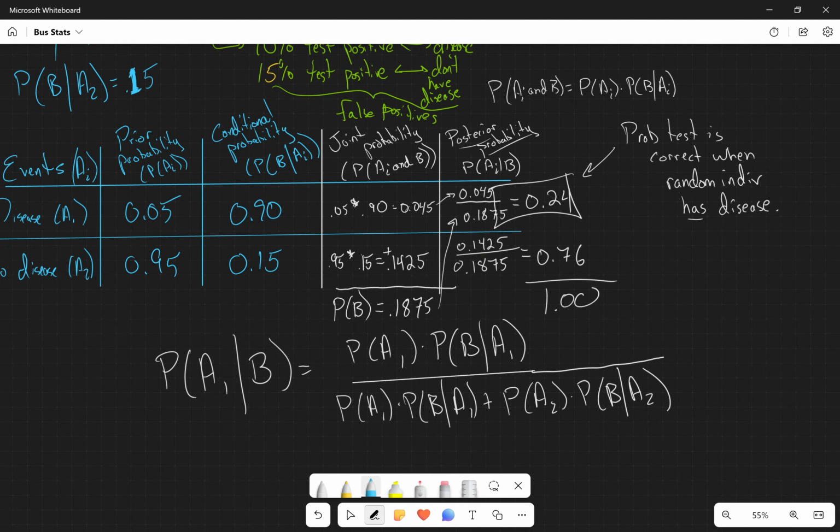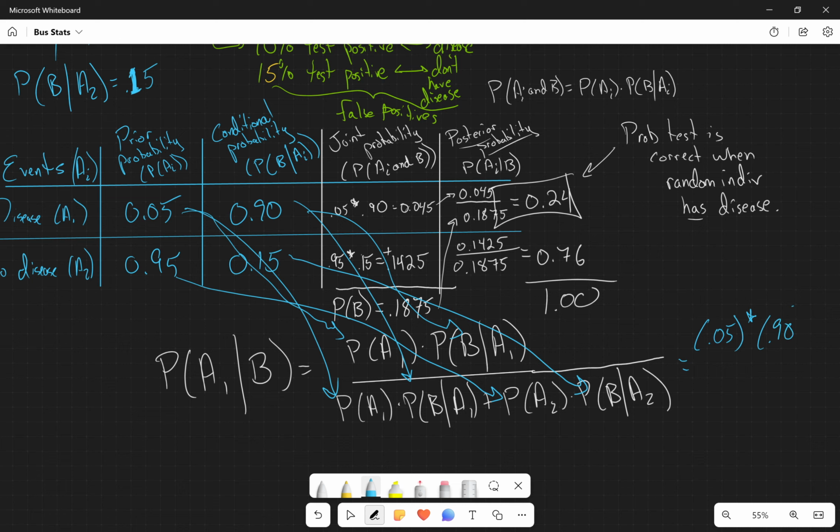So doing this, we find this guy goes here, this guy goes here, they also go here, that guy goes there, that guy goes there. So we end up with 0.05 times 0.90 on the numerator divided by 0.05 times 0.90 plus 0.95 times 0.15.